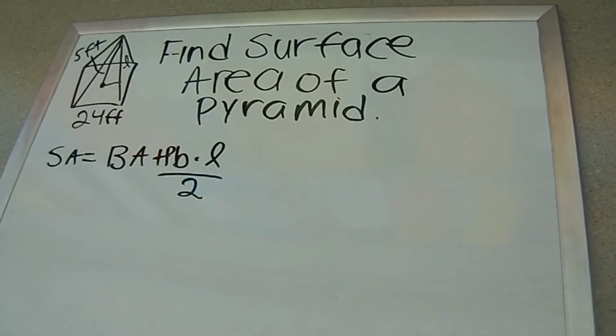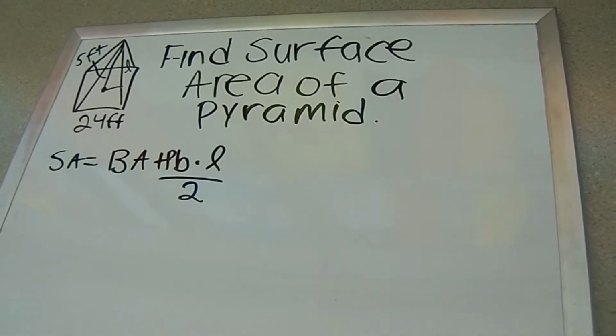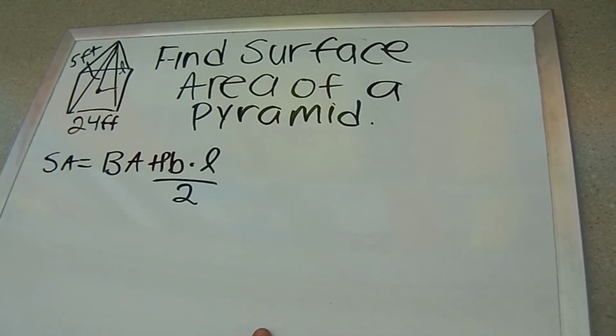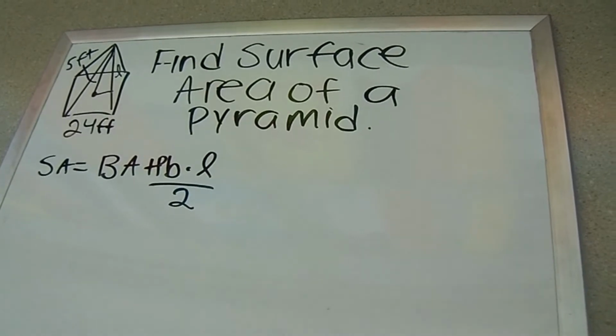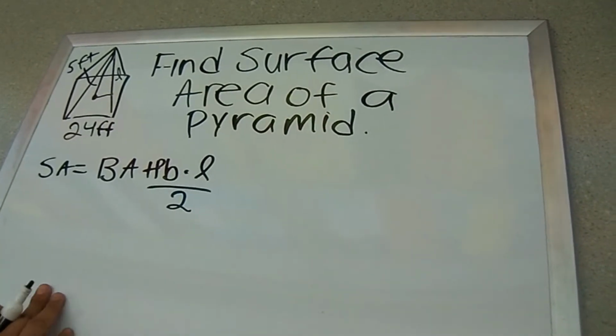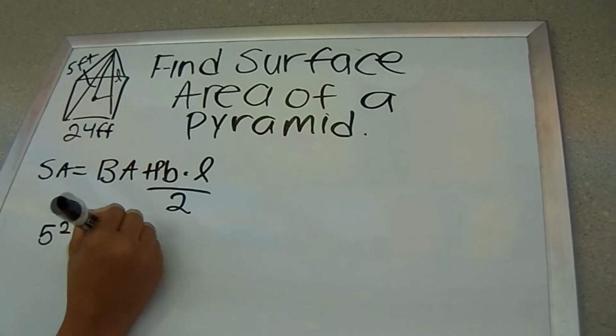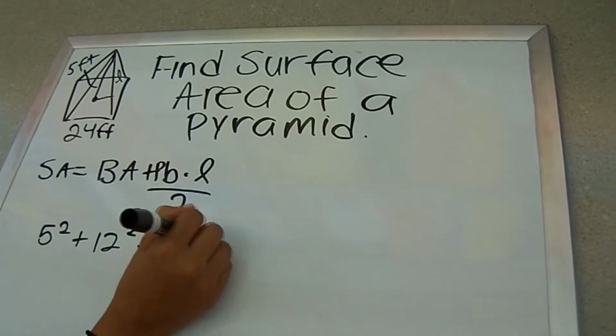And to do that, we have to do Pythagorean's theorem. But this is the whole thing, so we have to cut it in half, and that would be 12. So then we put 5 squared plus 12 squared equals c squared.